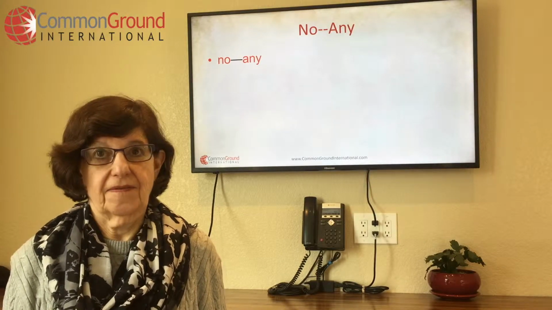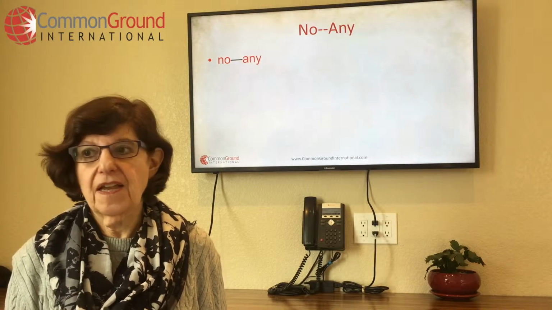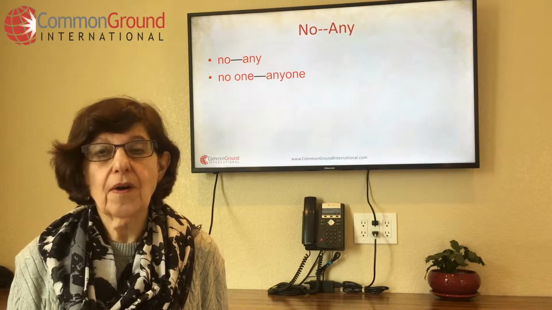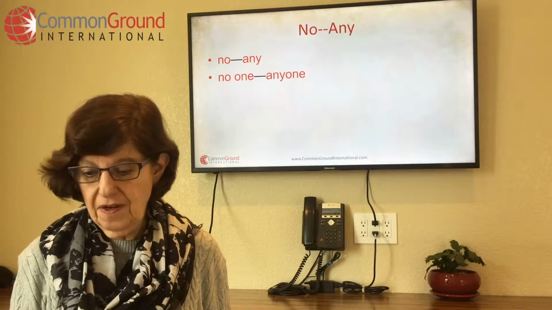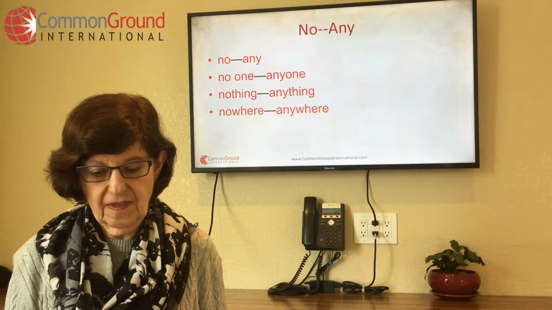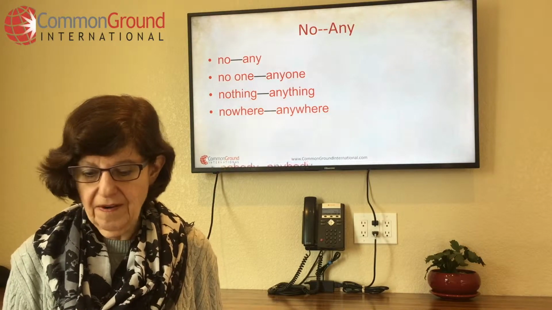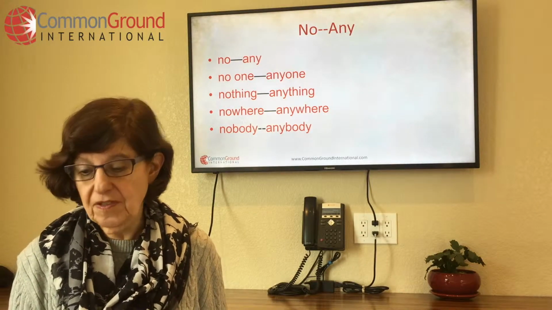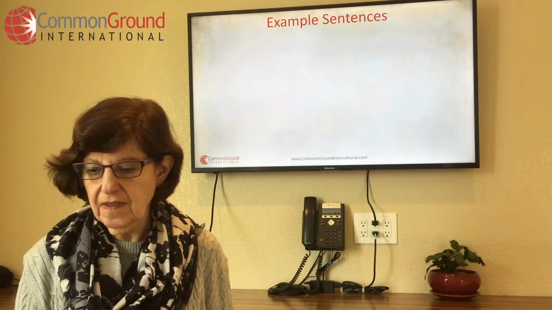No or any. You don't say, I don't have no ice cream, I don't have any ice cream. No one can become anyone in the affirmative. Nothing can become anything. Nowhere can become anywhere. Nobody can become anybody. You'll see examples of all of these.